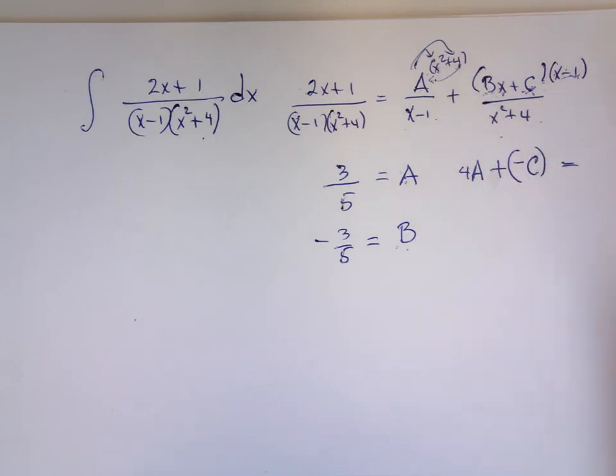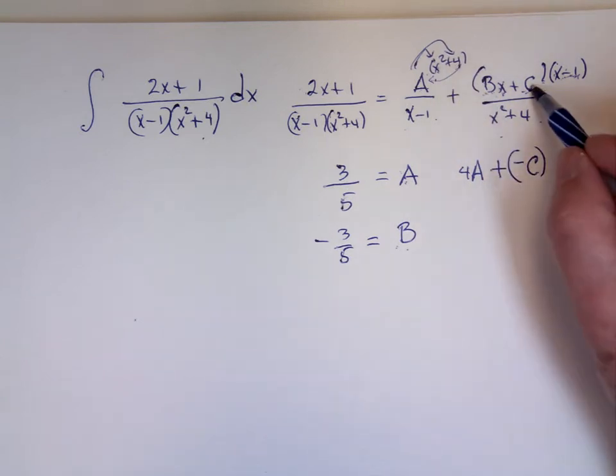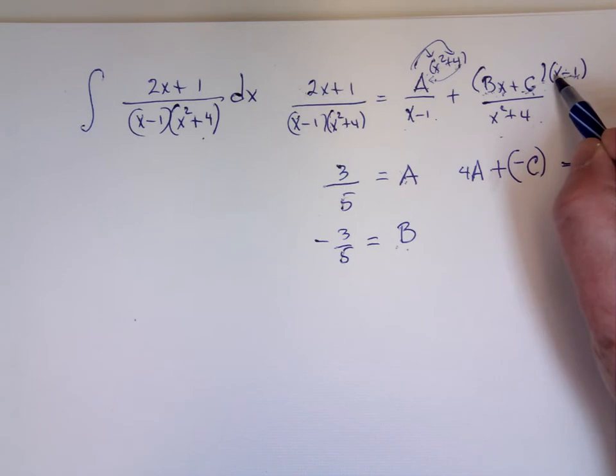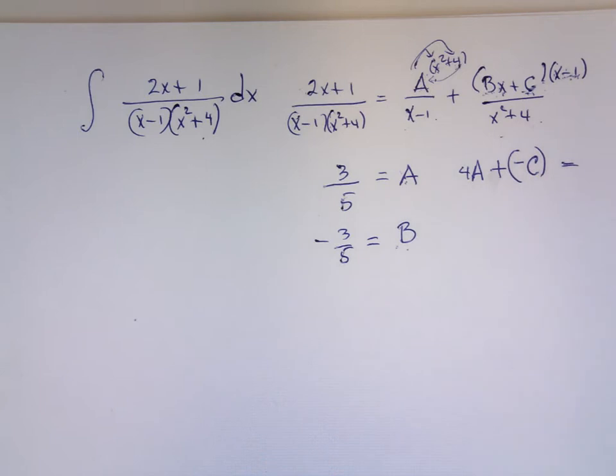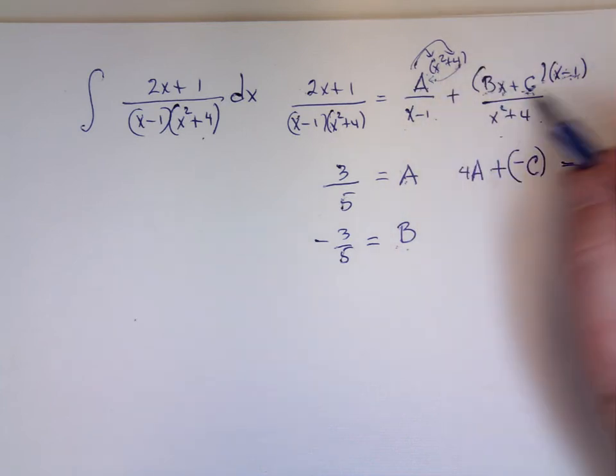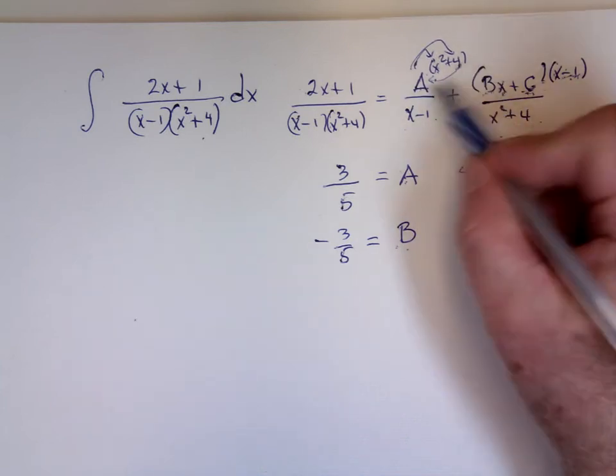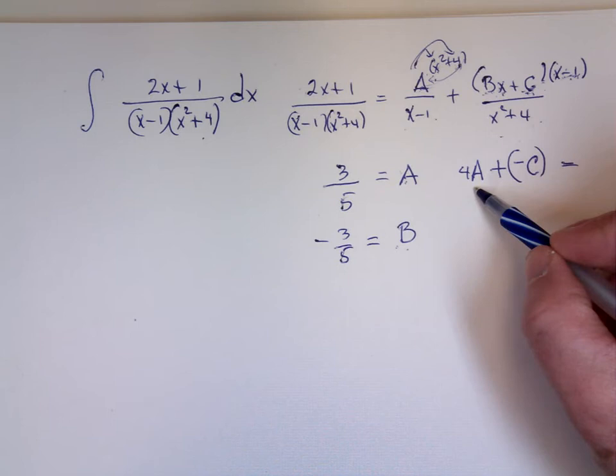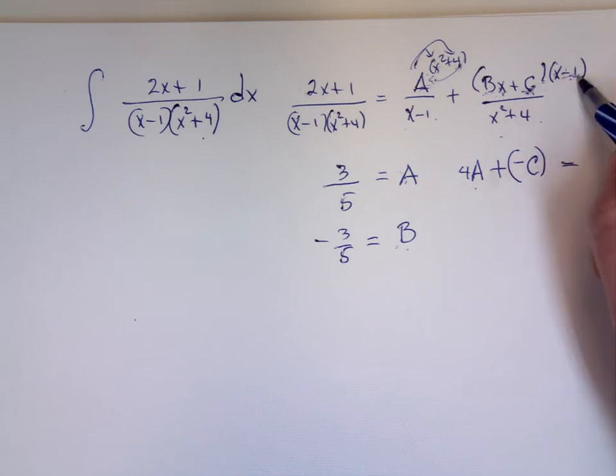Well, c is involved with the x, and it's involved with the 1, with the constant. The easiest thing to do here is to solve for c when you only got 2 of these unknowns. And I can see that, well, I could do the x. But the a is times 4, so there's a constant 4a. The c is times the 1, so it's minus c. And what's my constant here is 1.